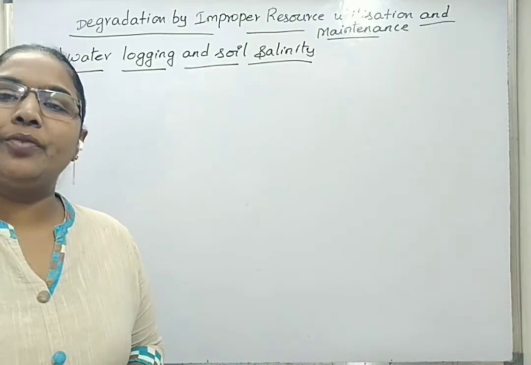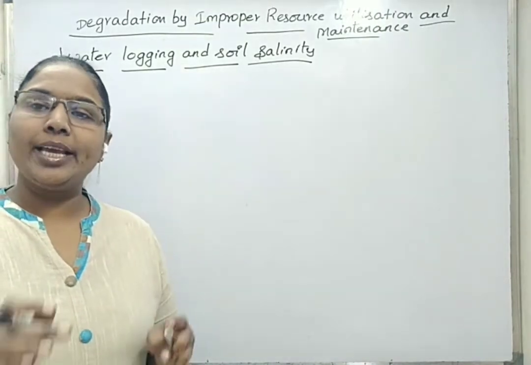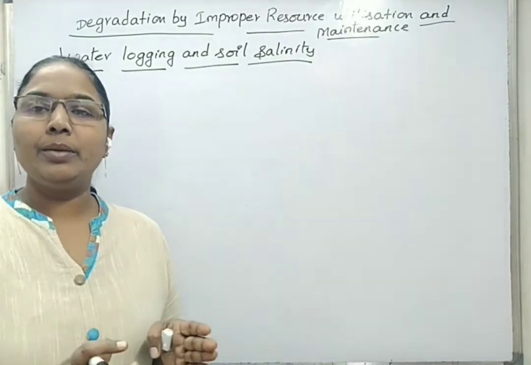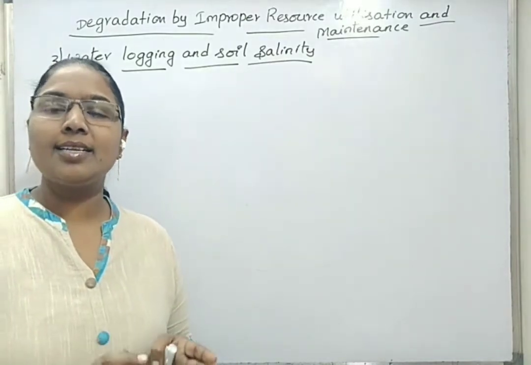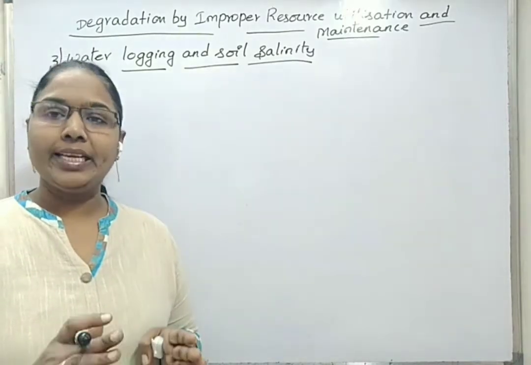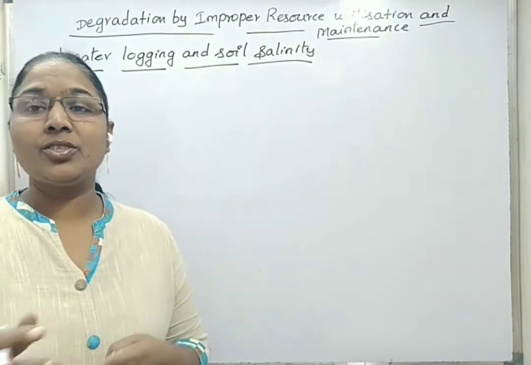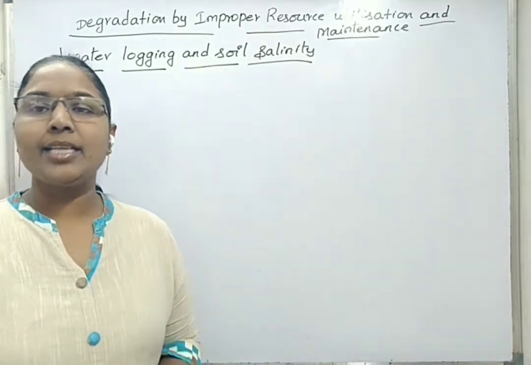Water will be logged in one particular area. That leads to accumulation of minerals more and more in that particular area, which leads to salinity, or the salt nature of the soil. In such areas where mineralization is very high, that is termed salinity, plants will not grow.